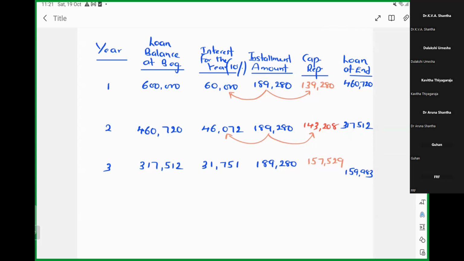That becomes the beginning balance in the next year. Interest 10%. Installment 189,280. Then capital repayment.